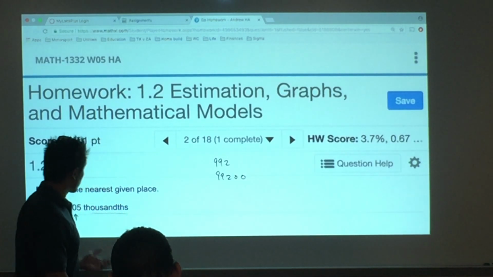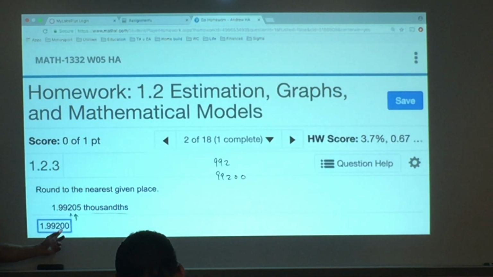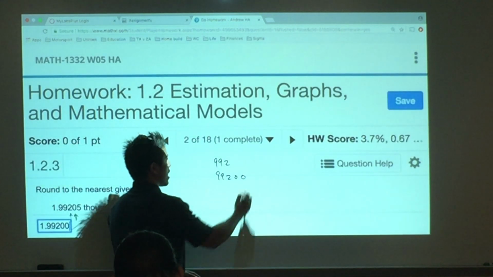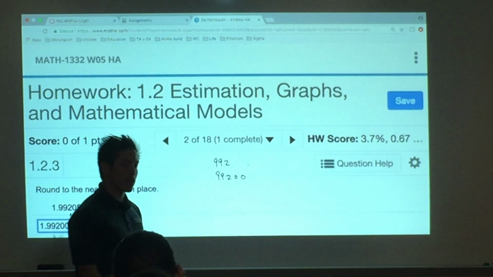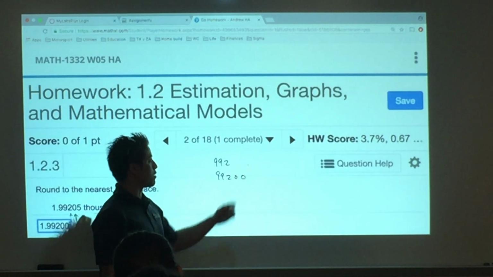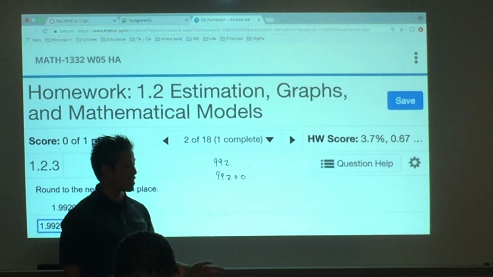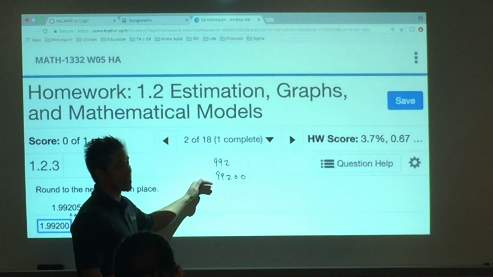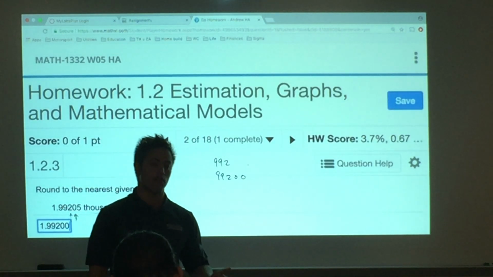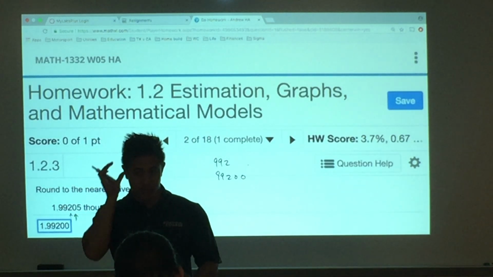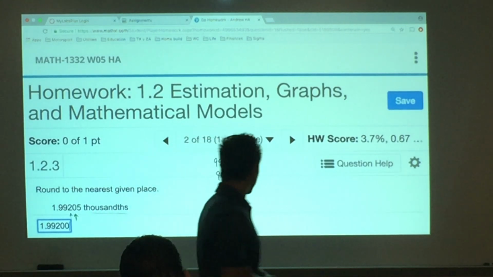No. So when you're dealing with decimals, if you want to include those zeros, that's fine, because this versus this is saying the same thing. But if you're dealing with whole numbers and you drop off the decimal point or you drop off the zeros leading up to there, you're saying something completely different. 992 versus 99,200, two totally different quantities. Does that make sense? Okay, very important you get that.